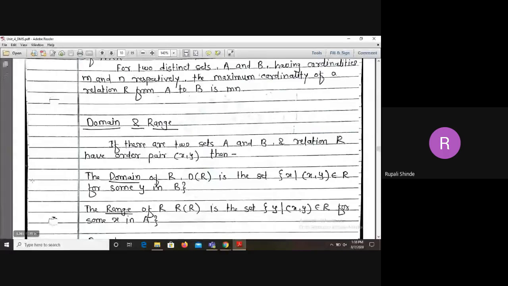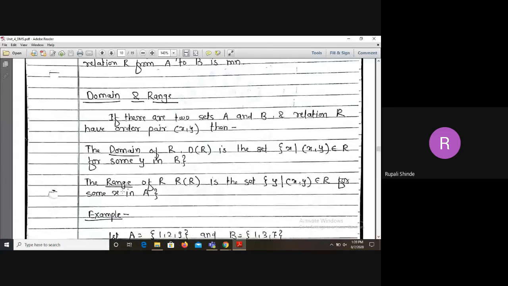Domain always refers to the first element of every ordered pair from that relation. So if you consider the ordered pair x comma y, here x is the first element. That's why we are going to add that first element in the domain of relation R.